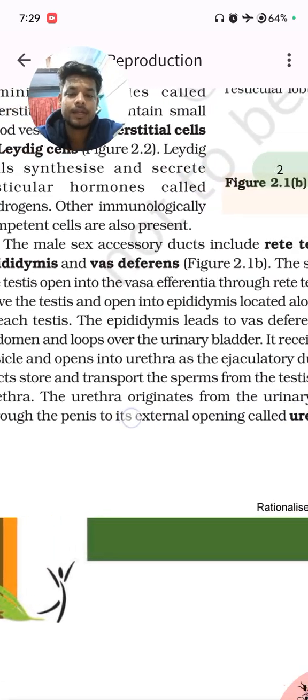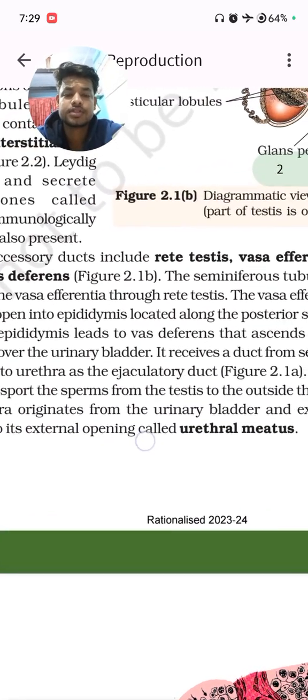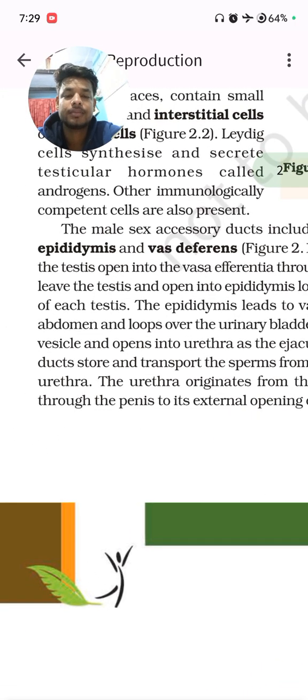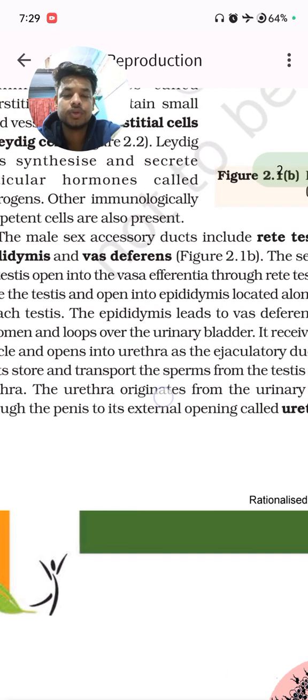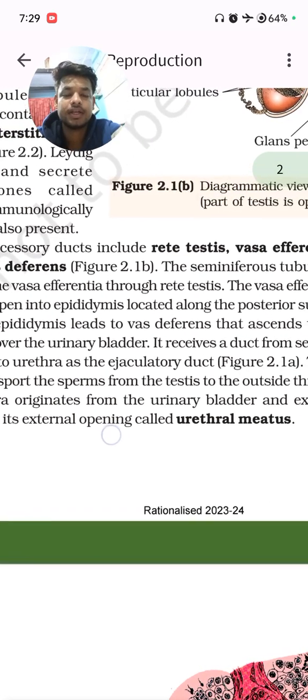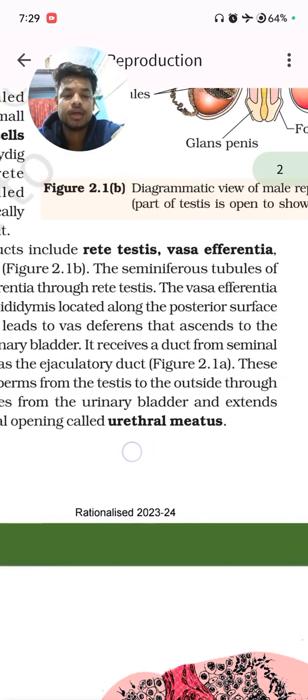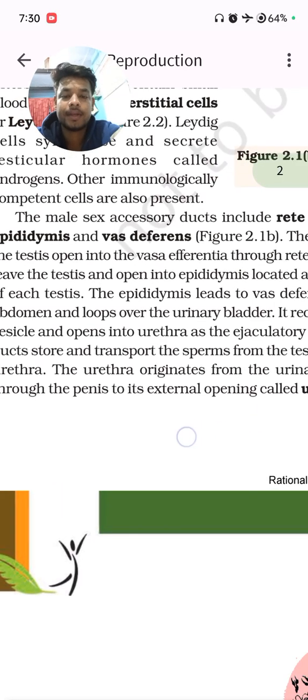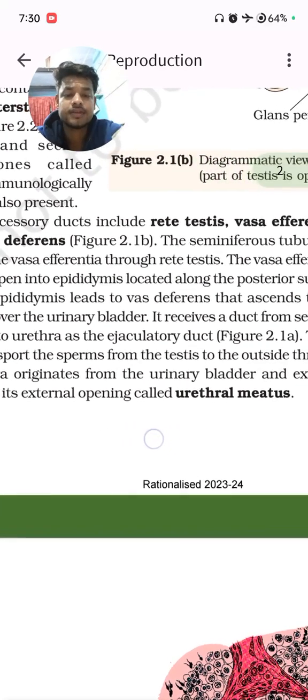The epididymis leads to the vas deferens that ascends to the abdomen and loops over the urinary bladder. It receives a duct from the seminal vesicle and opens into the urethra as the ejaculatory duct.